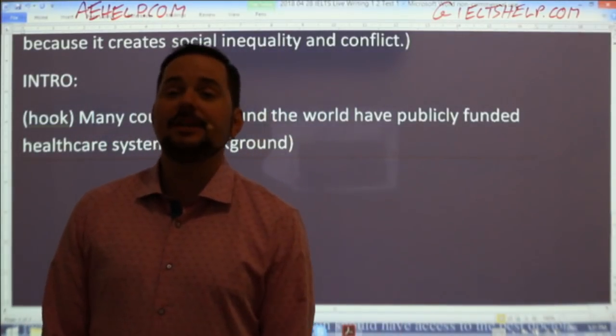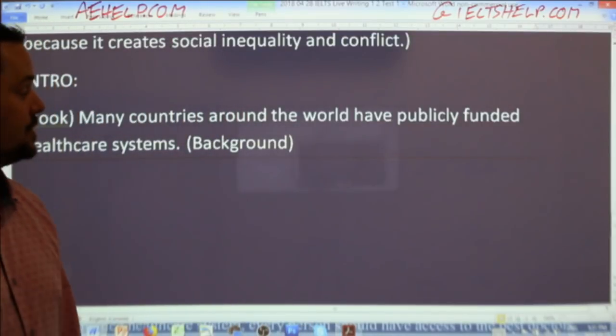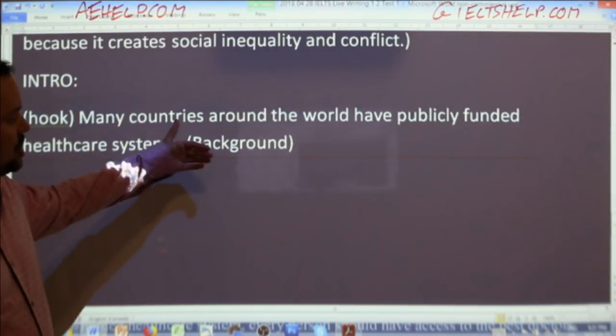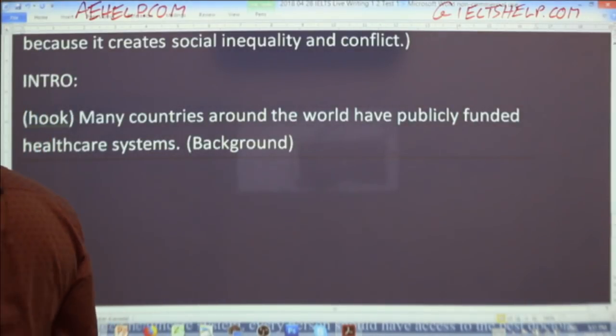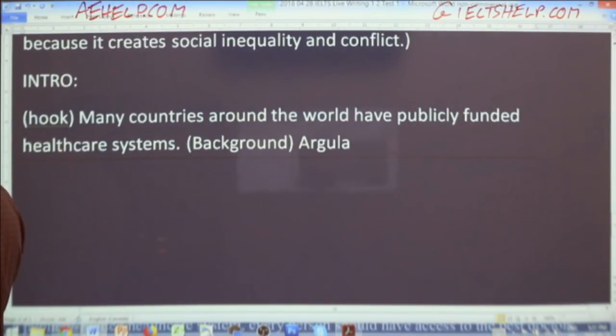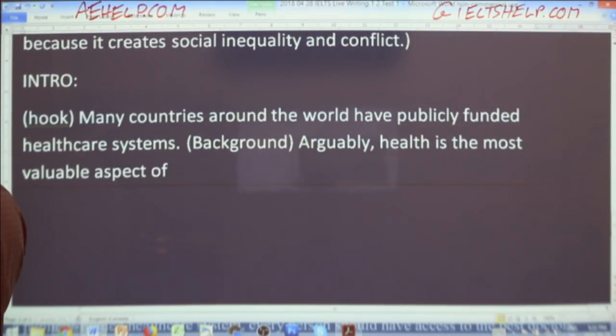Yeah, so it's definitely a definition, Hadil, and an importance. So I want to give a definition and the importance of this topic, right? So arguably, health is the most valuable aspect of any human's life.